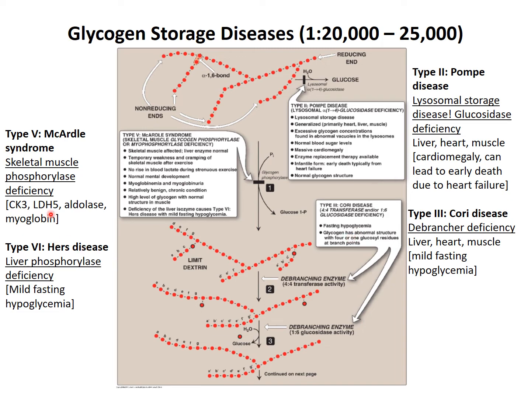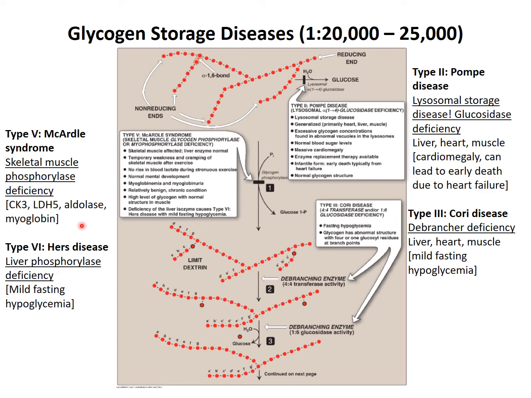Now, 5 and 6. 5 is so-called McArdle, skeletal muscle specific, and type 6 is Hers, and this is liver specific. Same disorder, phosphorylase deficiency, but this is only in the skeletal muscle and this is only in the liver.